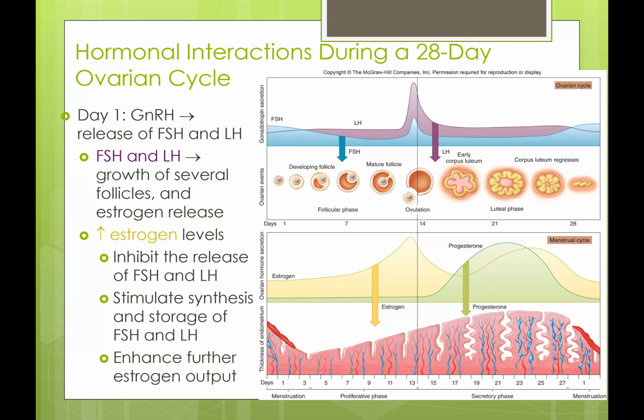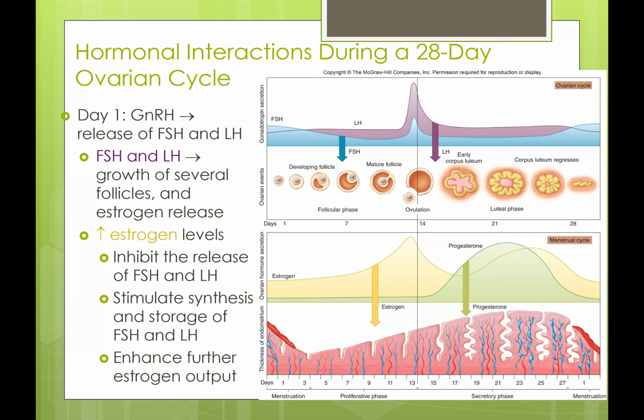And the more granulosa cells we have, the greater amount of estrogen that is going to be secreted. Then you see at the time point where we're going to have our ovulation take place, we are getting rid of some of those granulosa cells that will stay along with the egg, so that level of estrogen is going to drop because we have less granulosa cells there.